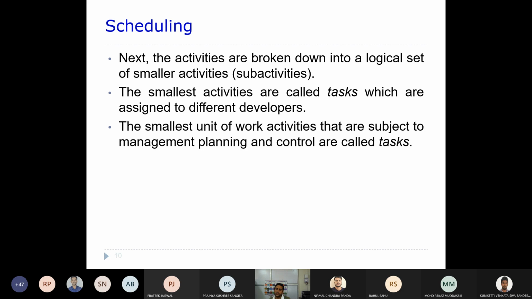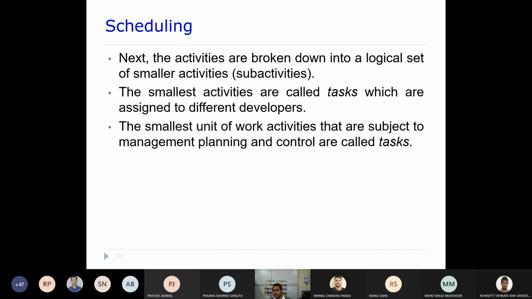You keep on dividing these activities until we reach a very fine level where the activity is called a task, and this task is assigned to a particular developer. So the smallest activities will be given to different developers, right?